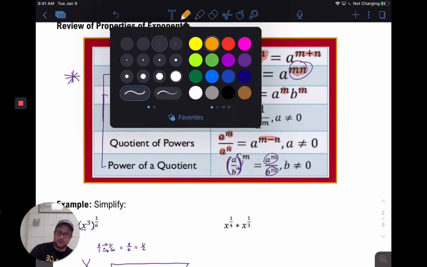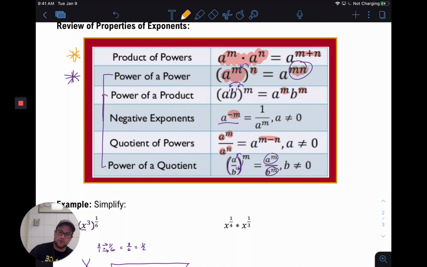I'm going to do this one in orange so maybe you can see where these are color coding with the rules. Whenever two things have the same base, which these do, they're both x, and different exponents, to combine them together, you keep the same base, but you do need to add the exponents together.